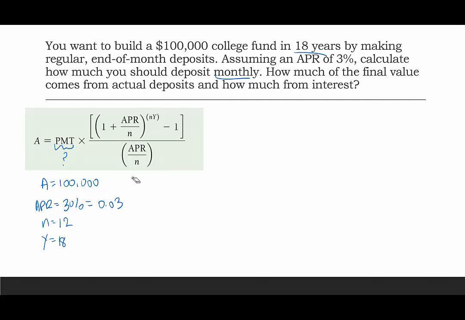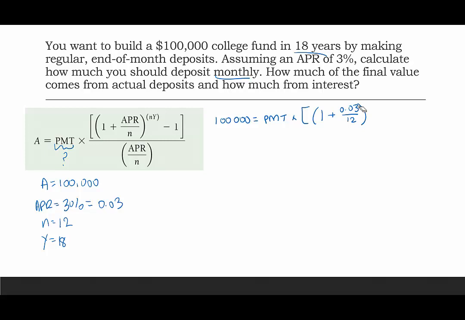So now we're going to plug in, clean up that big fraction, and see what happens with that regular monthly payment. So we have 100,000 is equal to our unknown times 1 plus 0.03 divided by 12.